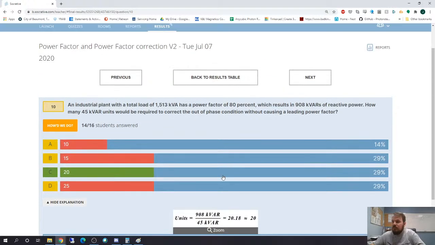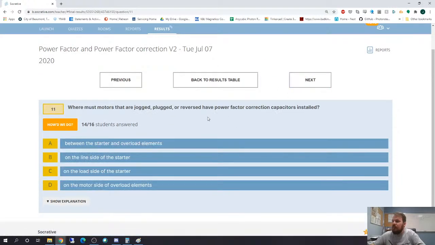All right, 11. Where must motors that are jogged, plugged, or reversed have power factor correction capacitors installed? That will be on the line side of the starter.